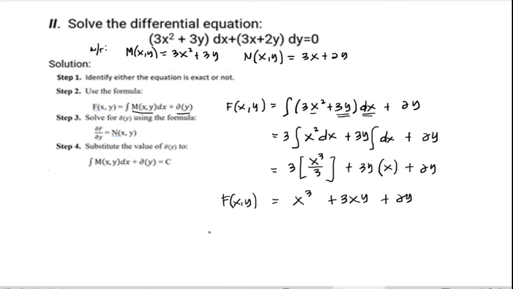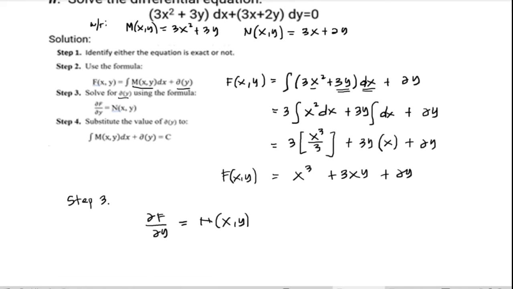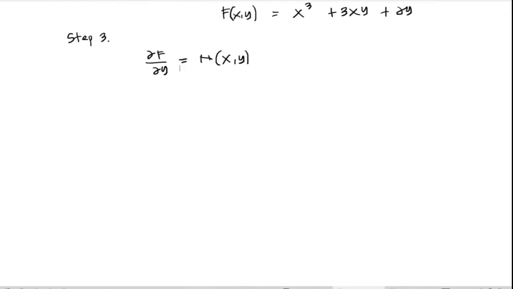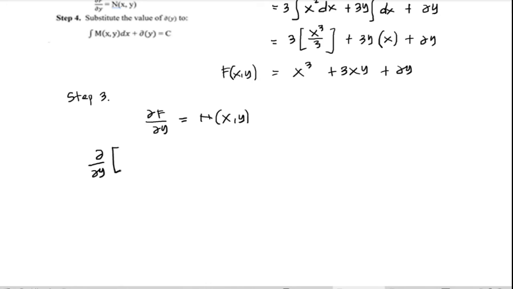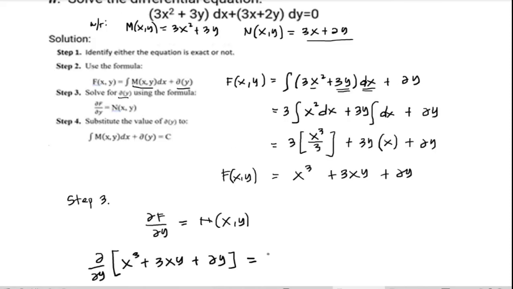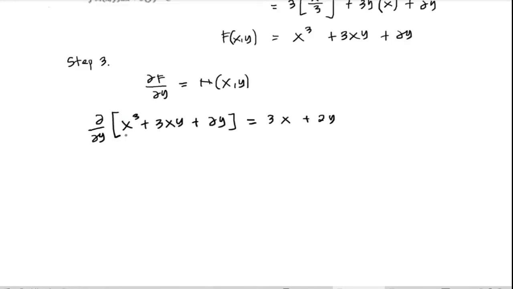Then let's move to our step 3. Our formula is the partial derivative of f with respect to y is equal to N(x,y). We are now going to substitute our function of f, that is x cubed plus 3xy plus the unknown function of y, and this is equal to 3x plus 2y. If we get the partial derivative of this expression with respect to y, y is the variable.